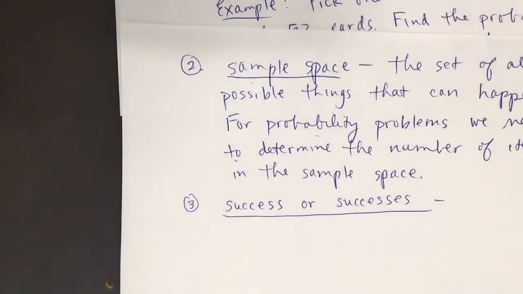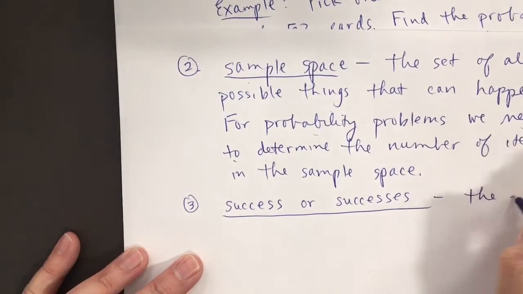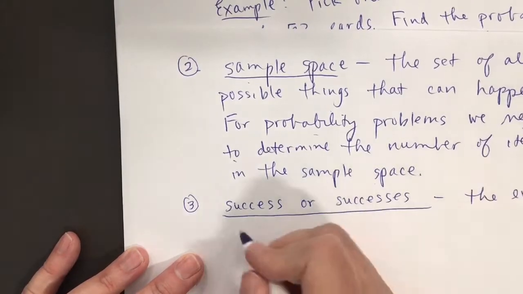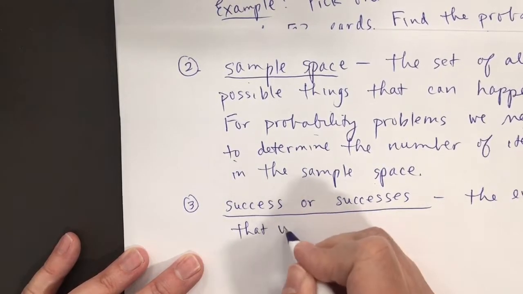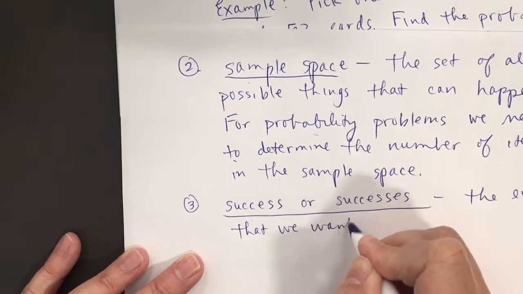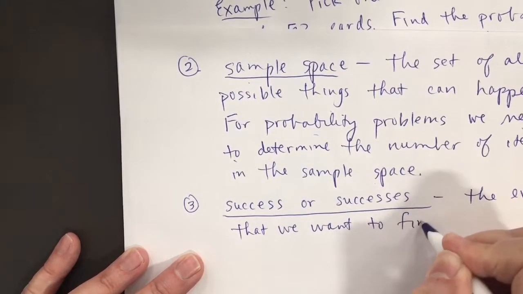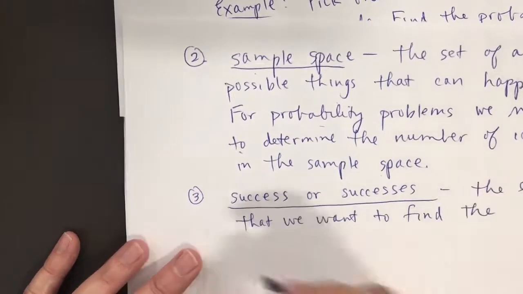In probability, a success would be the event we're wanting to measure. The event that we want to find the probability of.